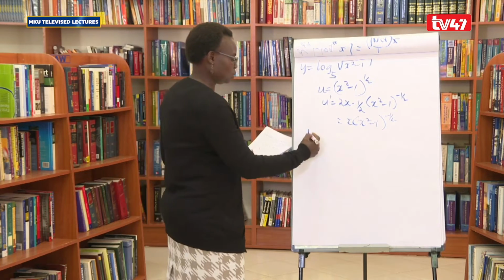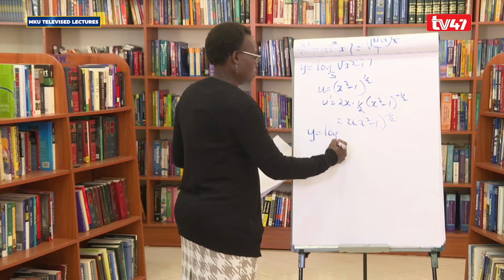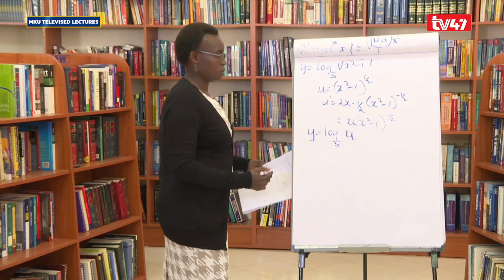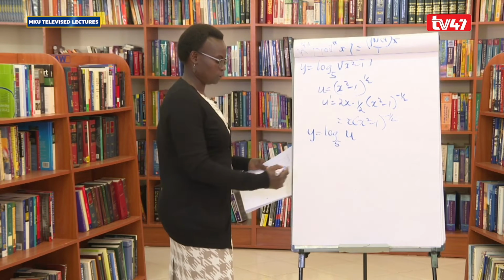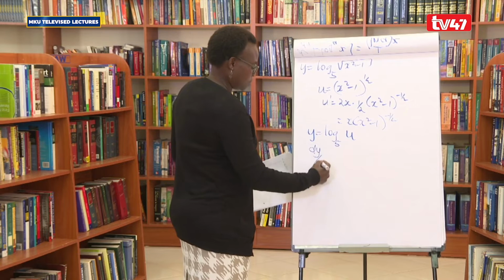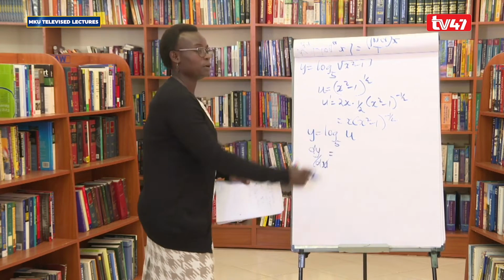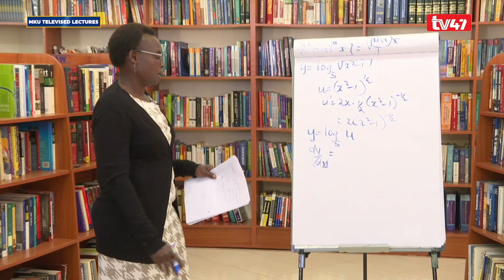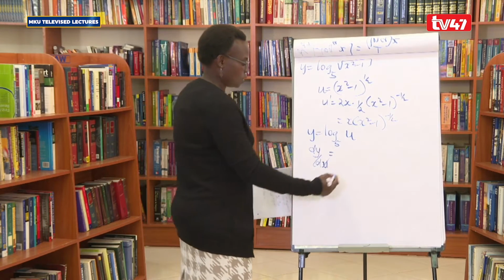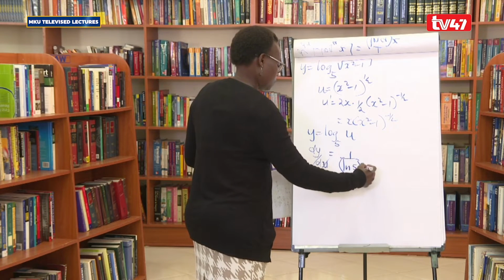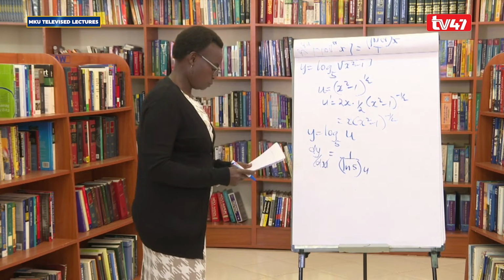So that implies that y is log to base 5 of u, because that is what we are expressing as our u. Differentiating y with respect to u will give us 1 over ln 5 u.